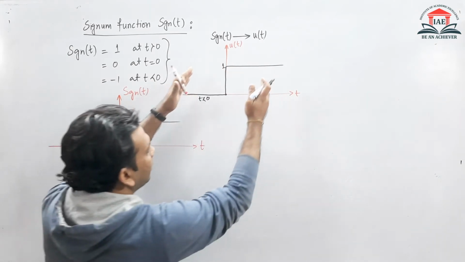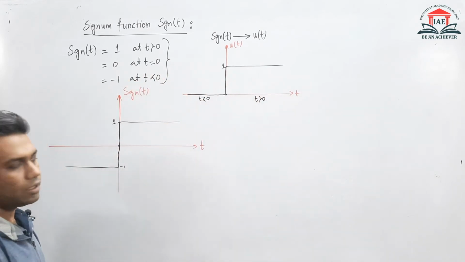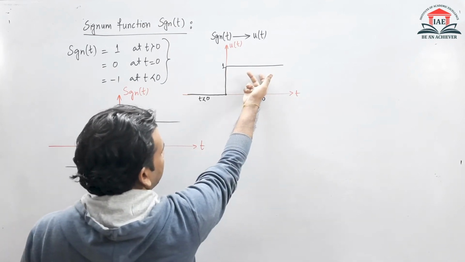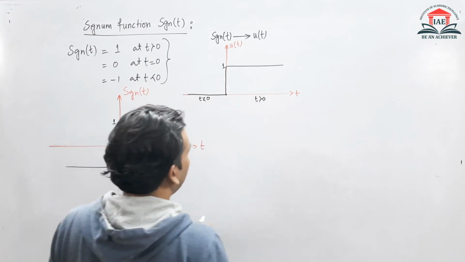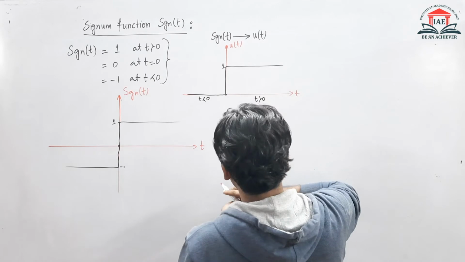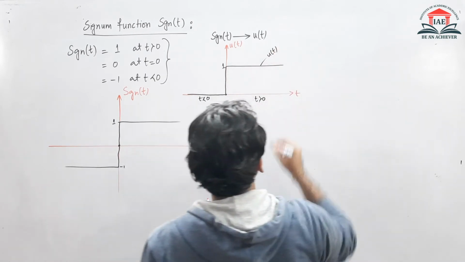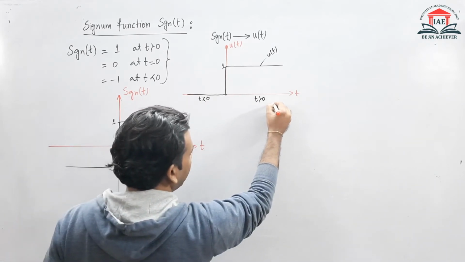Now using this graphical representation we want to draw this signum function. For that purpose, let us time reverse this u of t. If we time reverse this u of t, what will happen? The graph will look like this. This is my u of t. Now we want to find u of minus t. So what will be u of minus t?